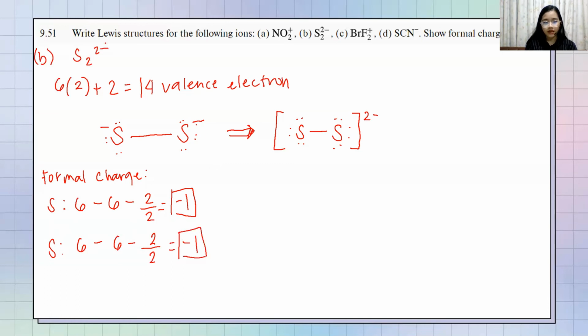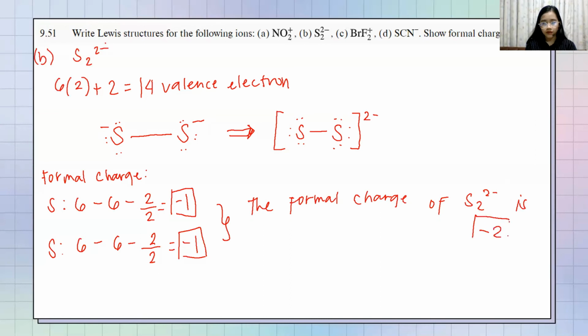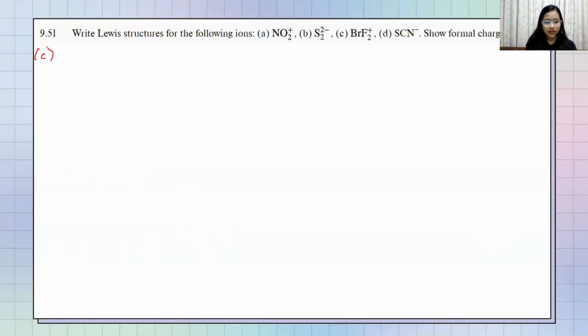So we can check it here. We could say the total formal charge of S2 2 negative is negative 2. Next, we have letter C, given is BrF2 plus, bromine, fluorine.